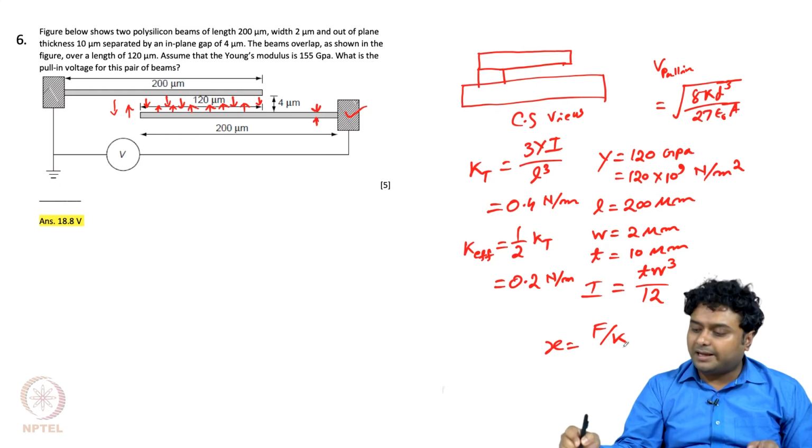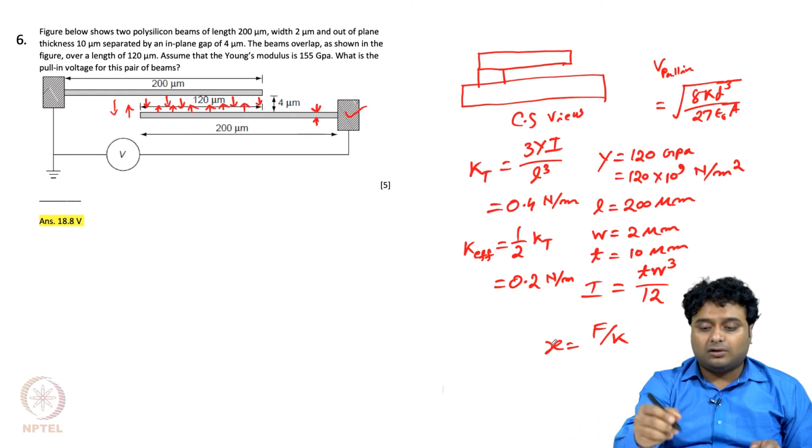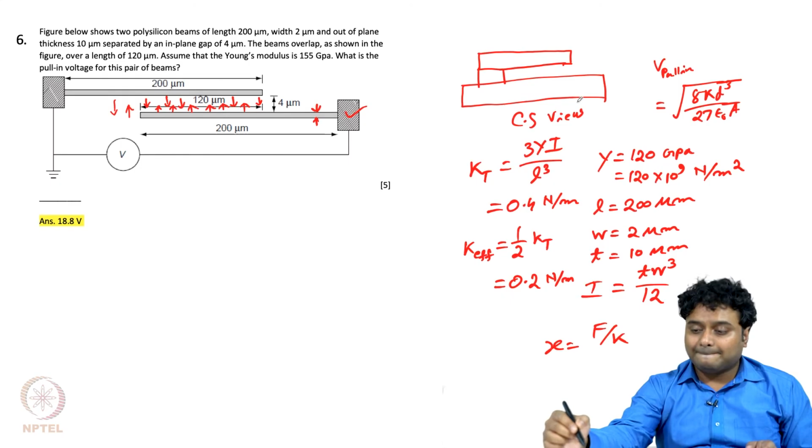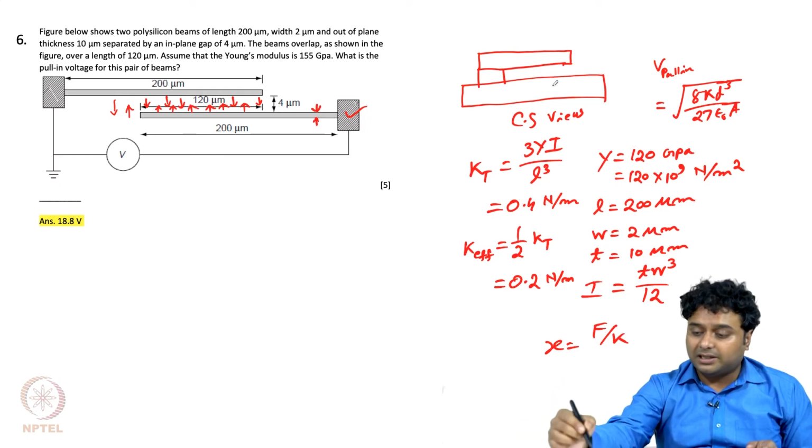So if we make the k half, then we are actually making the displacement twice, which is required while we are considering one of the beams as fixed. Now why are we considering one of the beams fixed? Because if we consider one of the beams fixed, then it becomes like our usual case, where we can consider the bottom plate is fixed and the top plate is also moving, or the top plate is only moving.